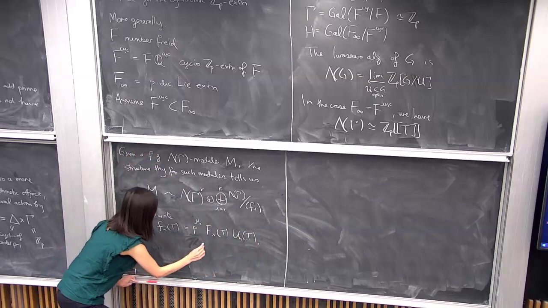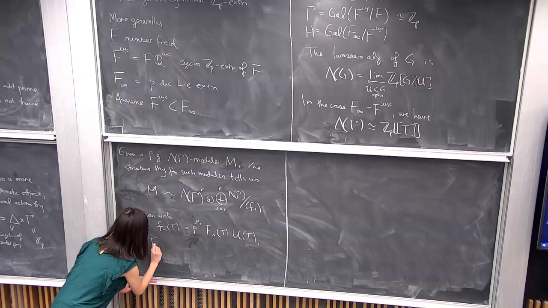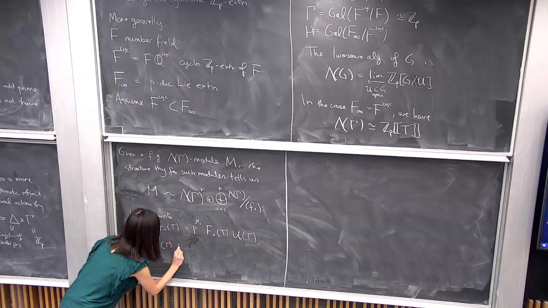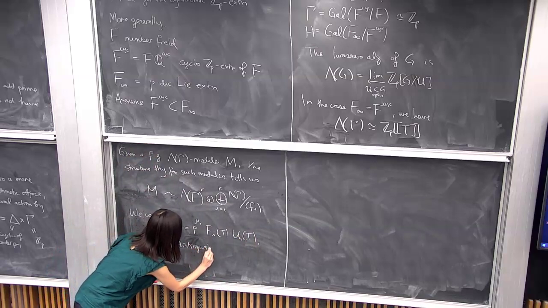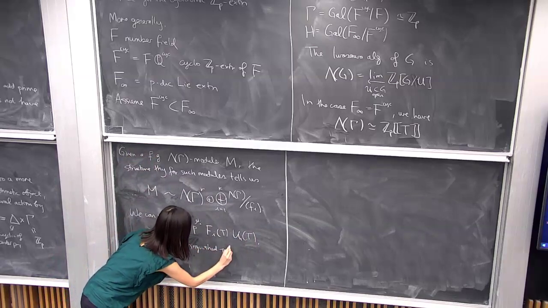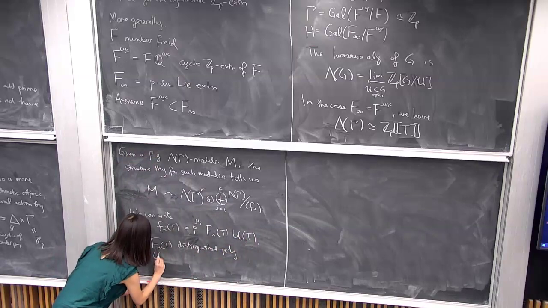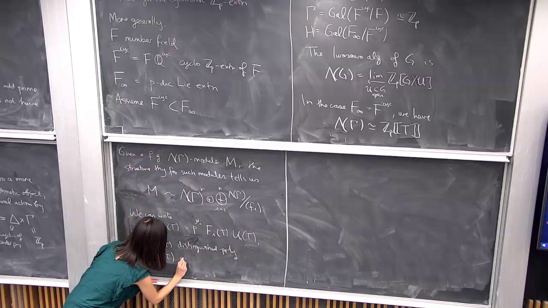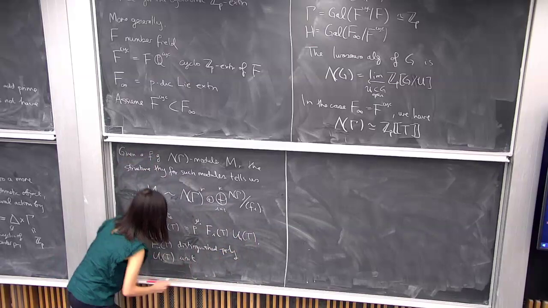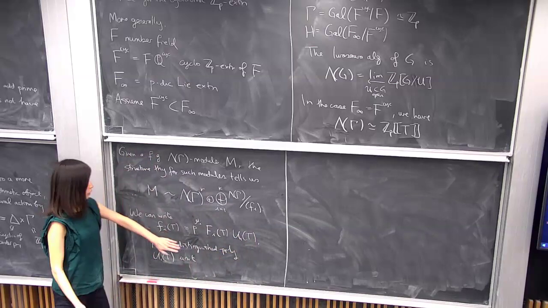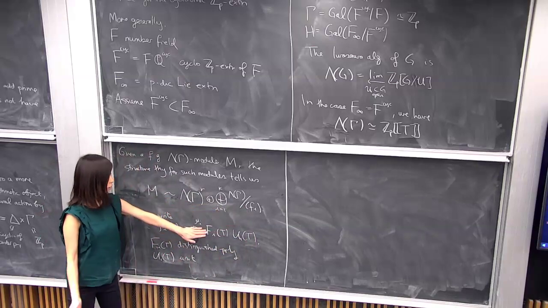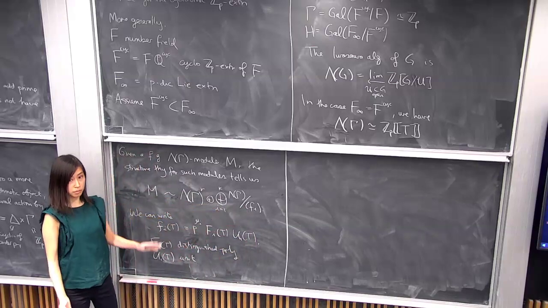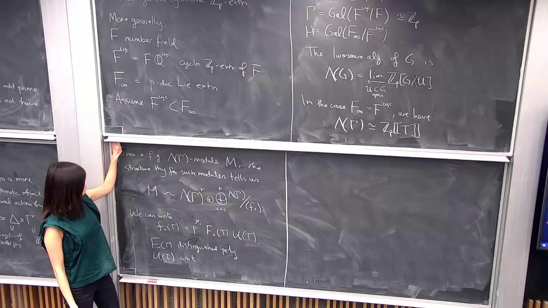So this is a distinguished polynomial. You can reduce, if you're just considering the ideal generated, to a polynomial, sometimes times some power of p.